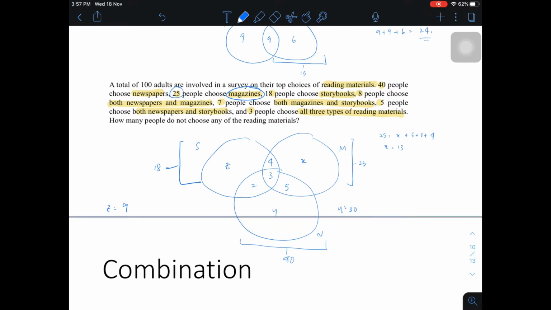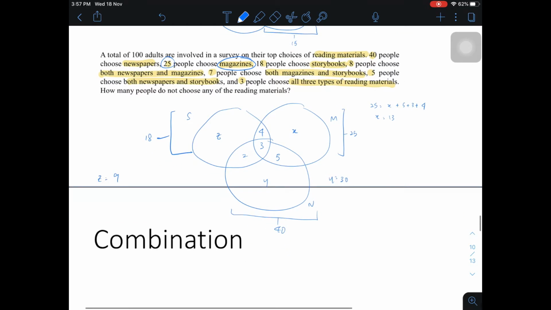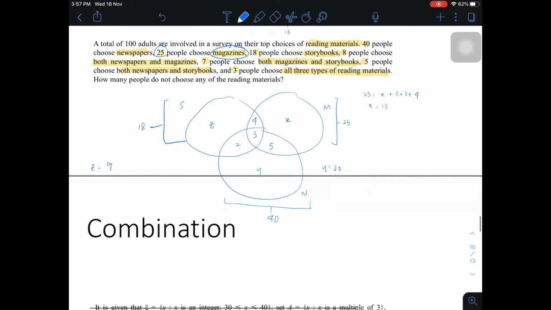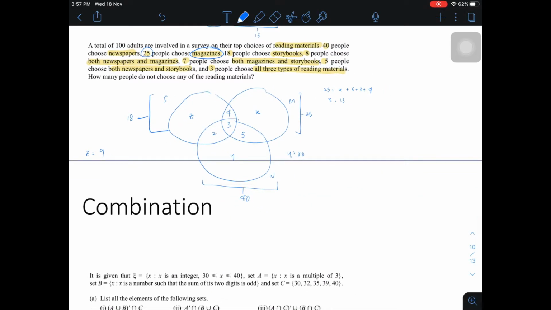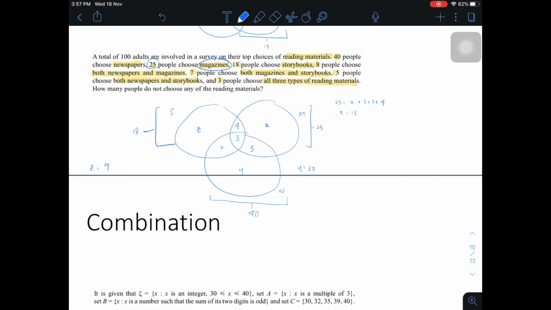So how many people do not choose any of the reading materials? It's again similar to the last question, but in other words, what is the complement of the union S, M, and N? So in other words, we can get the people that did not choose any reading materials by adding up the total number of people that chose a reading material.